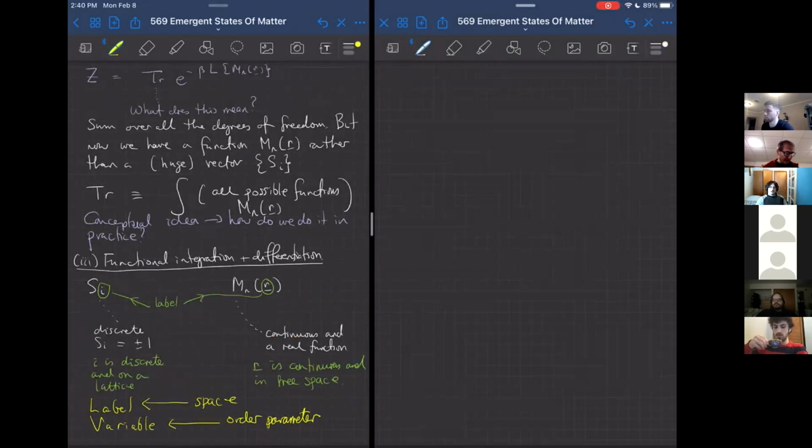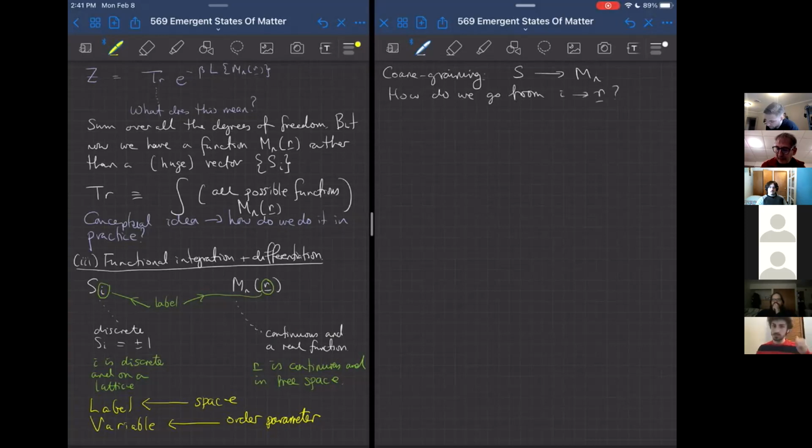Okay, so now the question is, so we've talked about coarse graining, which is how we went from the S variable to the M variable, like so. So let's talk about how you go from I to R. So let's just think about that.